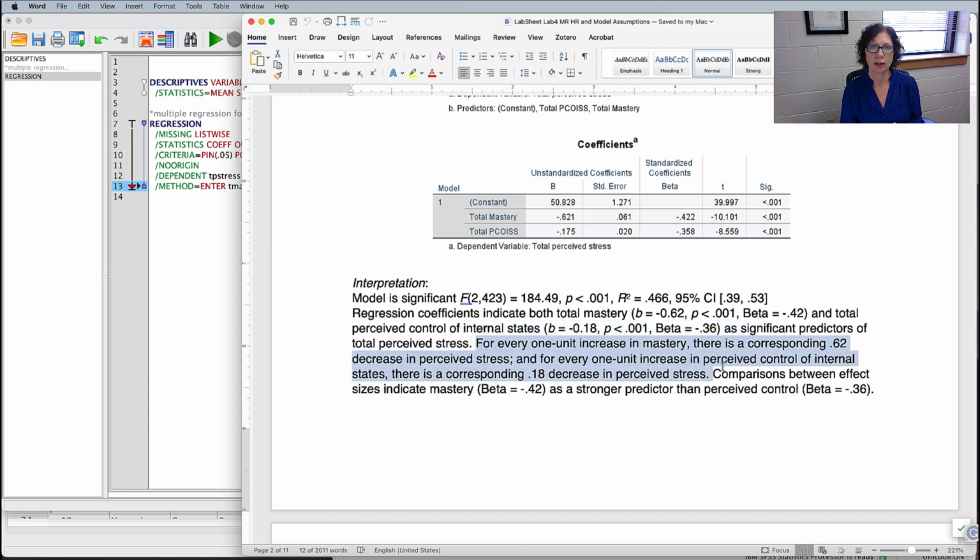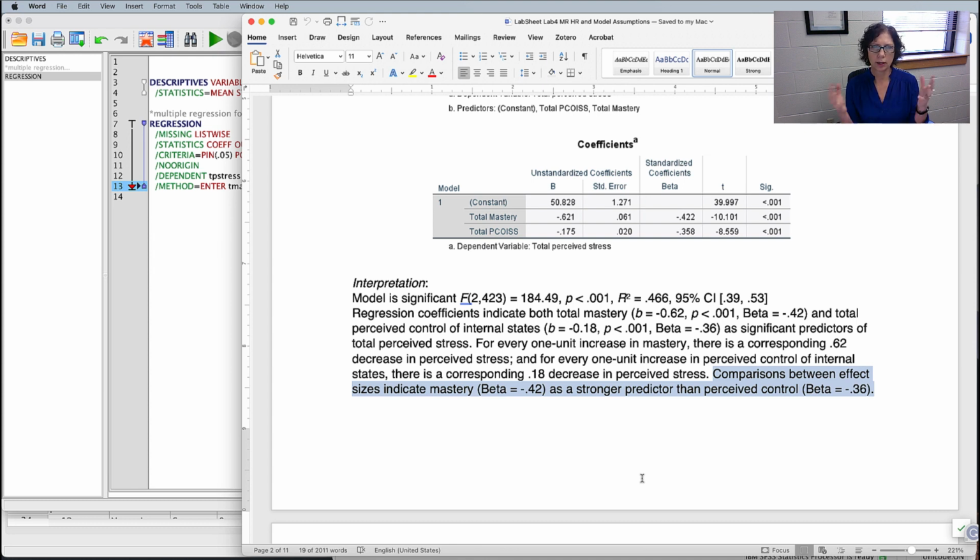You can have an interpretive statement letting the reader know what's going on, what is the change in perceived stress for every 1 unit increase in these predictors. And then it's the beta that we use to let the reader know which predictor was stronger.